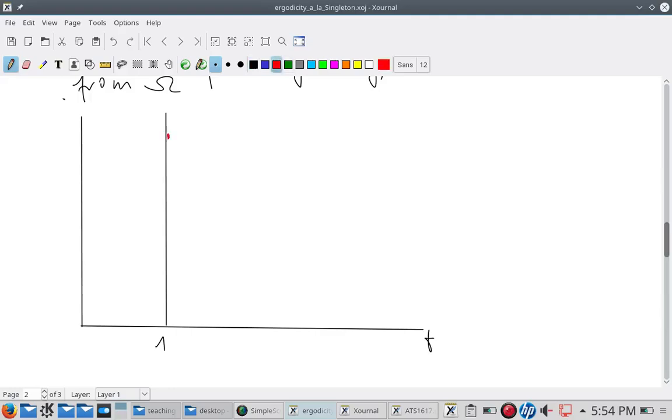I have different colors on my computer, and I say maybe the first realization of x1 looks like that. And that realization depends on, maybe, omega 1. I take one draw from the sample space, and for x1 I get this. And then I get other realizations, maybe one here, in a different color, one here, another color, one here, and so forth, over and over again.